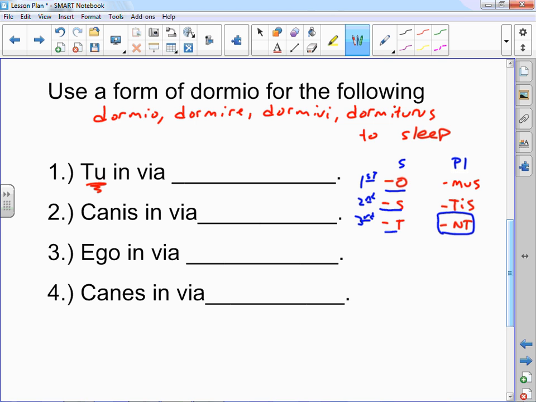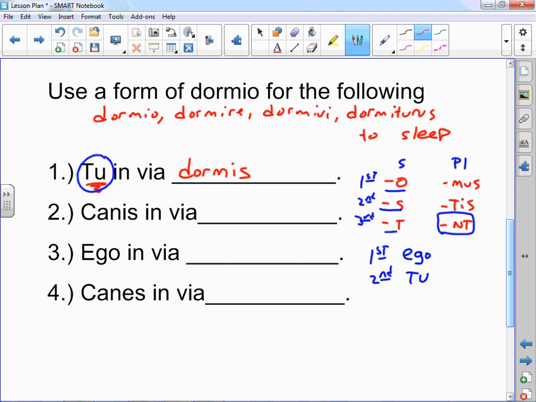This one, number one, is asking you basically to determine what kind of pronoun is used for the first or the second persons. For the first person, I use ego. For the second person, I use tu. This one has tu, so I want to use the second person singular ending, which is S. Dormis.